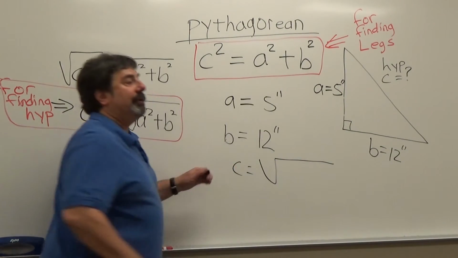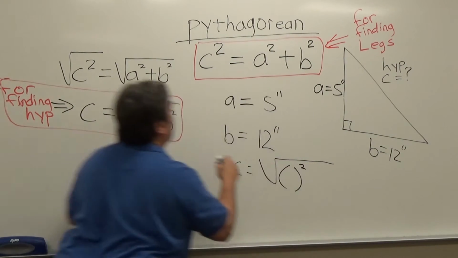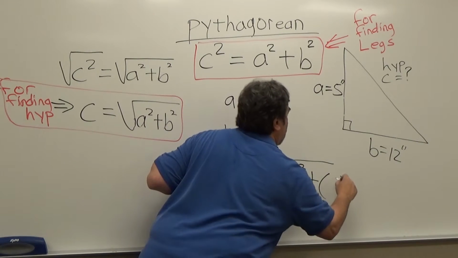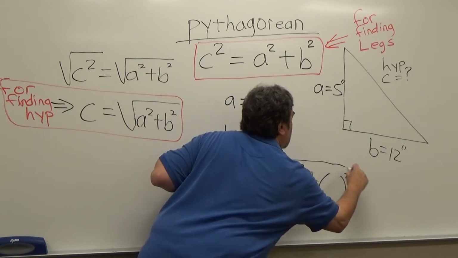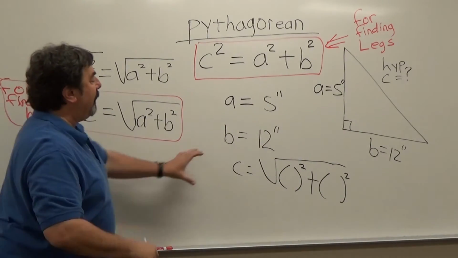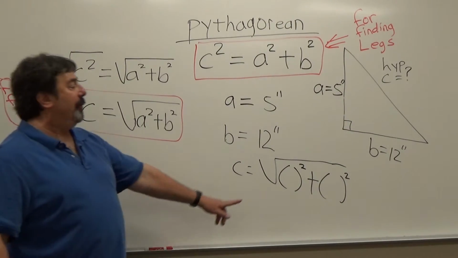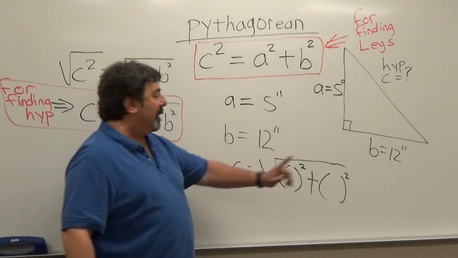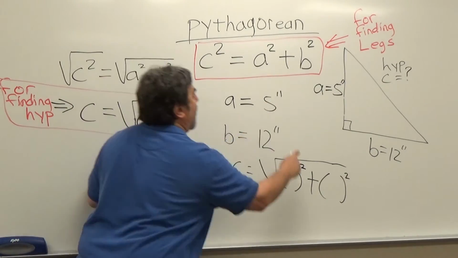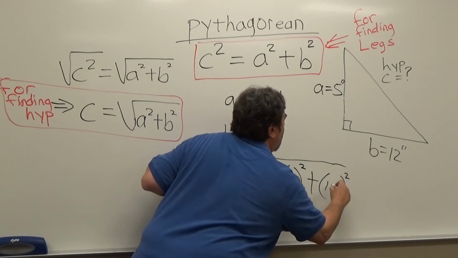C is equal to the square root of A squared plus B squared. So once I put this form down, all we have to do is plug our value for A in here and plug our value for B in here.